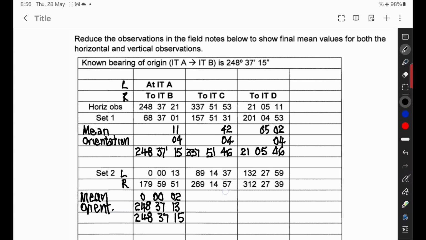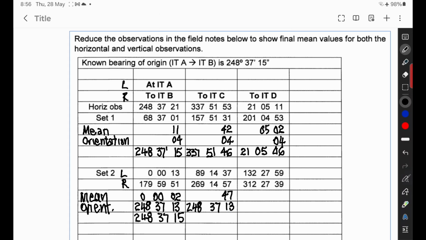37, 57, 47 is halfway there. And then we add 248, 37, 13. That's going to give us 0, 0 there, I think, as our orientated bearing.